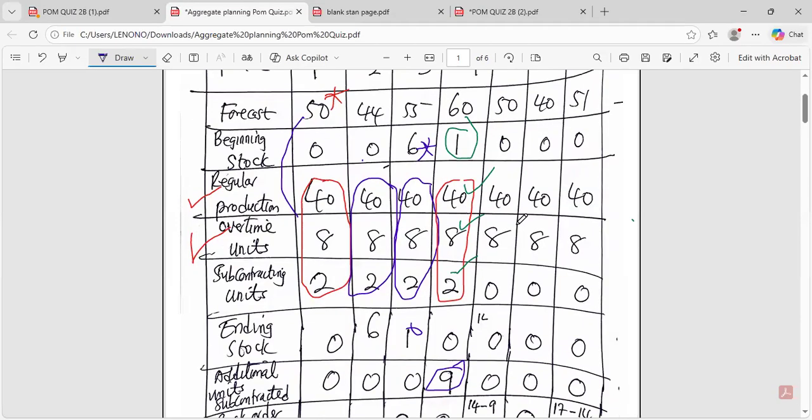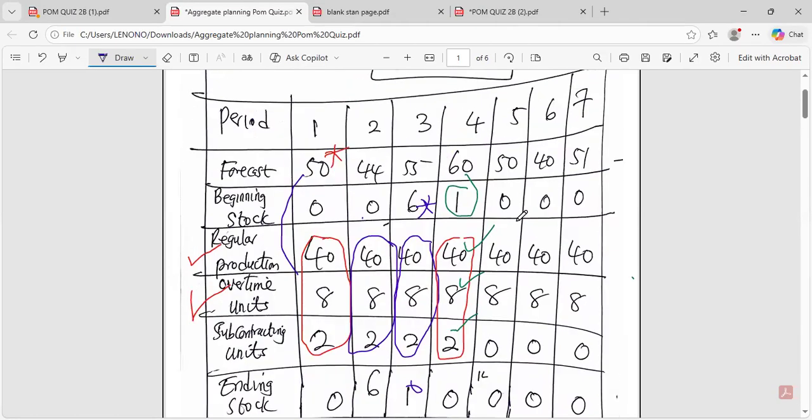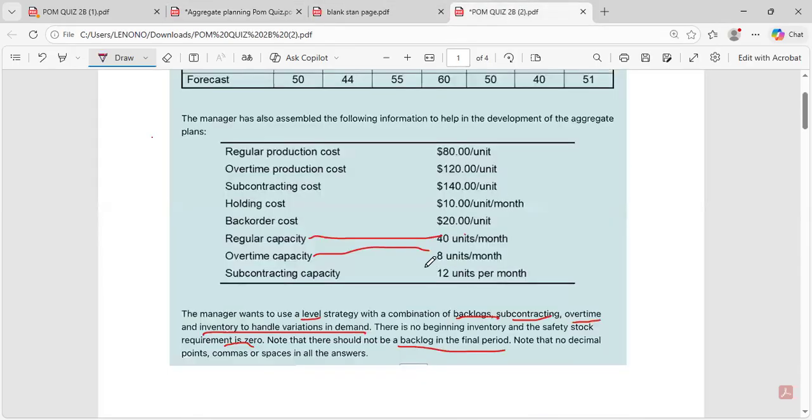For this other period, throughout the whole production was 40 units on a regular basis from the total production of 50 units. The 40 units were regular production. 8 units were overtime. It was cheaper for overtime because overtime was 120 compared to 140 per unit. So overtime units were actually cheaper than the subcontracting units.